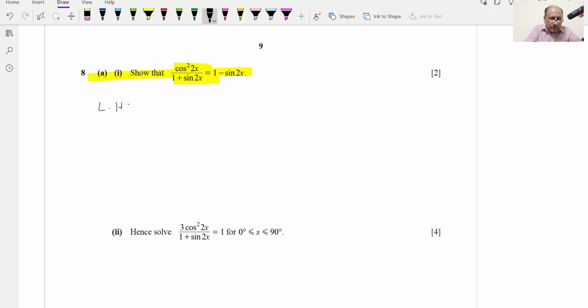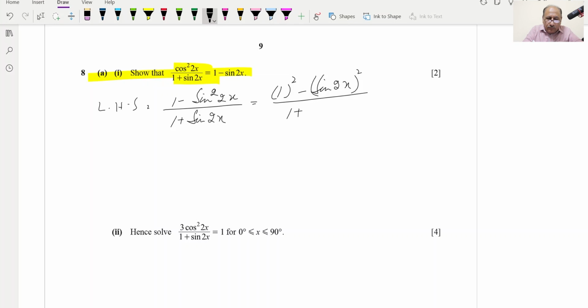We can take the left hand side and write cos squared 2x is equal to 1 minus sine squared 2x, divided by 1 plus sine 2x, and we can further write this as 1 squared minus sine 2x squared over 1 plus sine 2x. You know the formula, a squared minus b squared is equal to a plus b into a minus b.